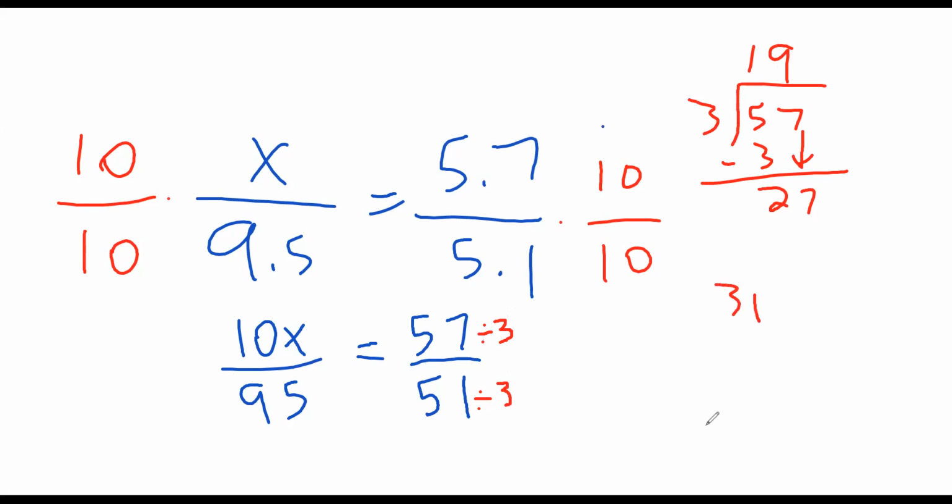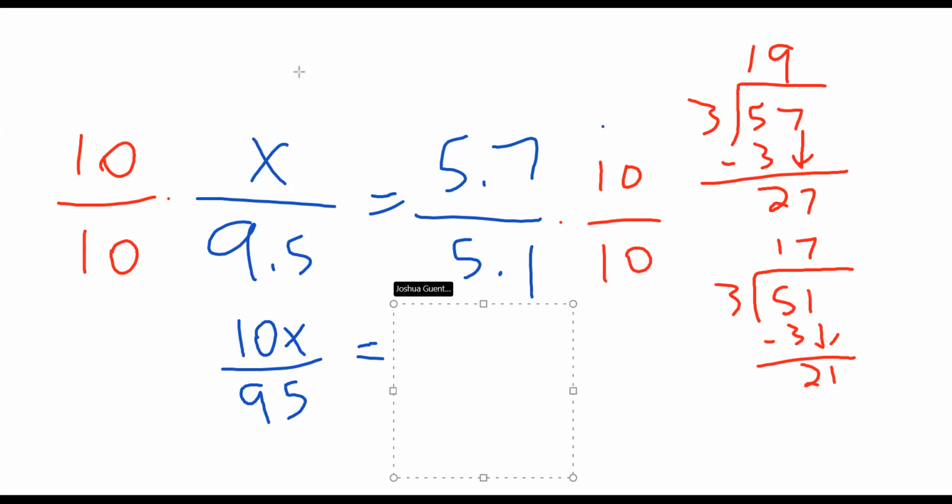If you divide 3 into 51, you'll get 17. So we can reduce this fraction to 19 over 17. And that might help us out a little bit.